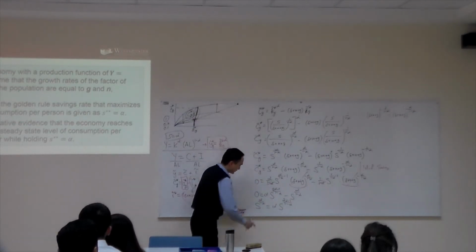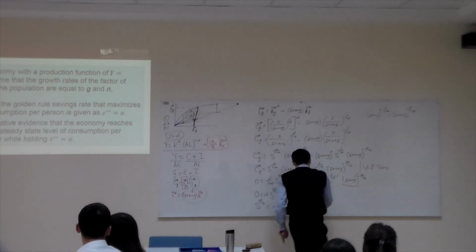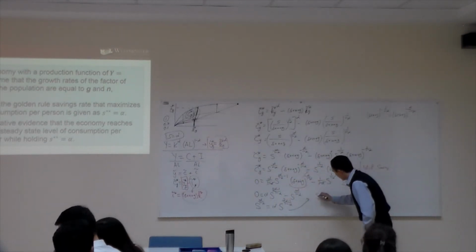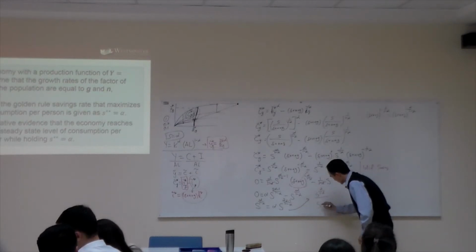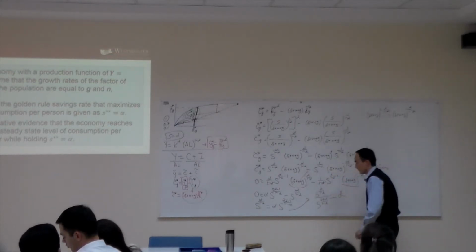Yes? If we divide both sides by this factor, then it will give us saving rate in the power of alpha over 1 minus alpha over saving rate in the power of 2 alpha minus 1 over 1 minus alpha is equal to alpha. Right?